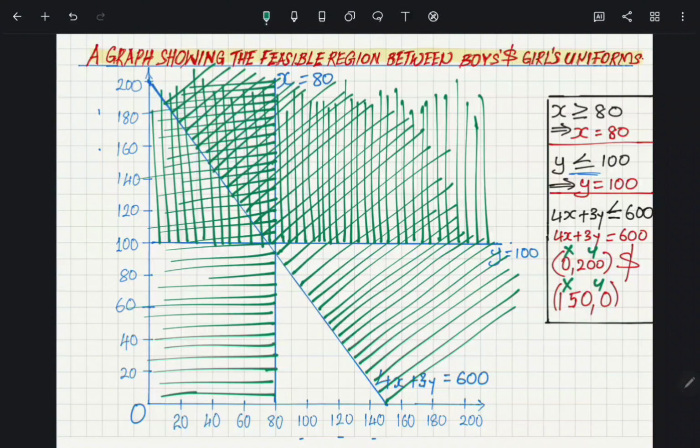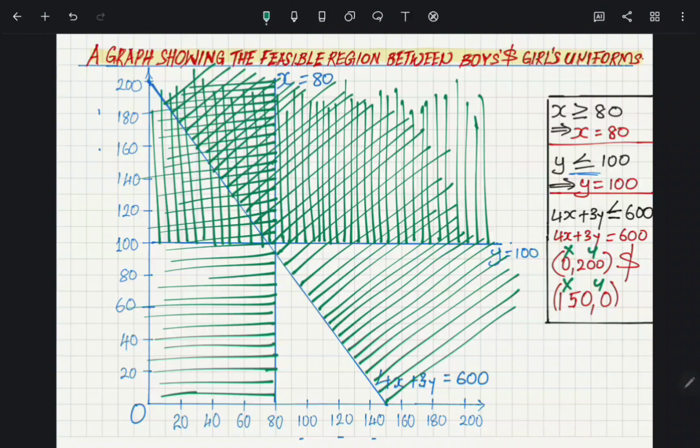Now there's another thing that we should not forget. Remember earlier we said they have to produce at least one uniform. In other words, the tailor cannot produce negative uniforms. And that means we also have to shade the regions which do not satisfy the inequality of our last two expressions. That is, x is greater than or equal to 0 and y is greater than or equal to 0.